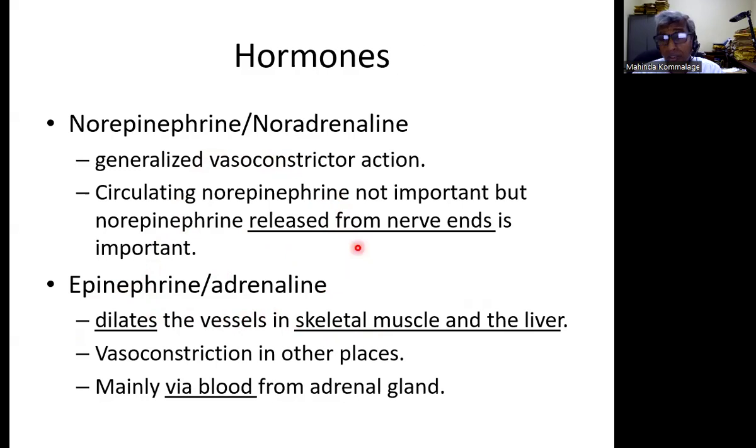Noradrenaline is mainly released from nerve endings, but it will probably come into the blood and might act as a hormone also, right? But mainly adrenaline comes from the adrenal gland, acts as a pure hormone, and will distribute through the blood, right?